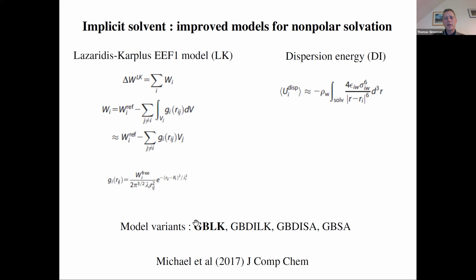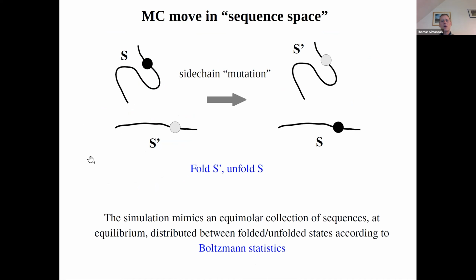Second, since the dispersion hasn't really helped much in our internal benchmarks, we're basically running with the GB and LK combination. That's our workhorse solvent. And the third point is that all these variants were carefully parameterized a few years ago, with very extensive benchmarking and whatnot.